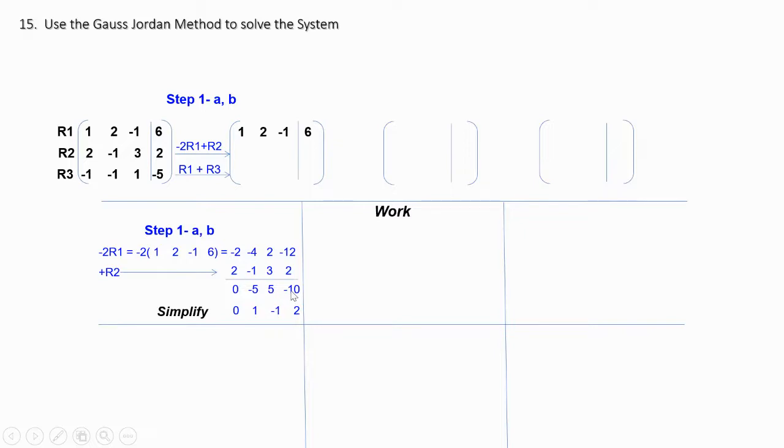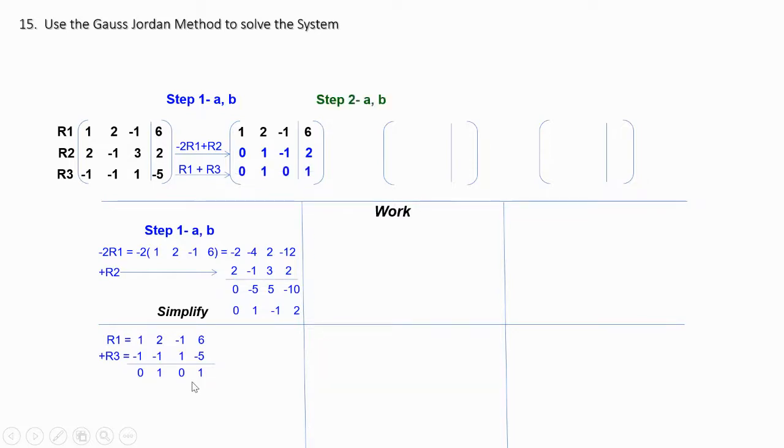And -10 divided by -5 will give me a +2. So this is my new row 2. Now for the second part of step 1, I'm going to add row 1 plus row 3. So after I do the operation, I get 0, 1, 0, 1. So this is my new row 3.